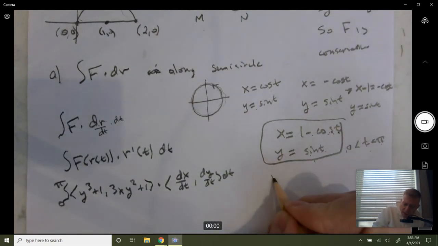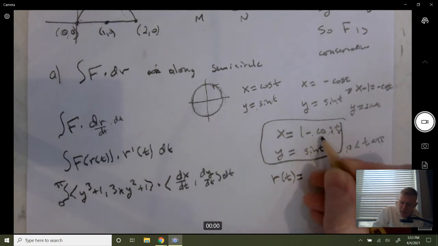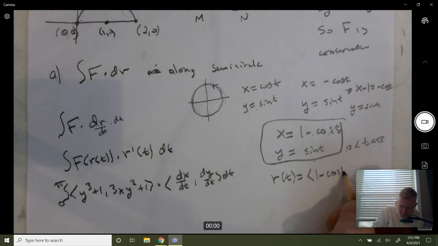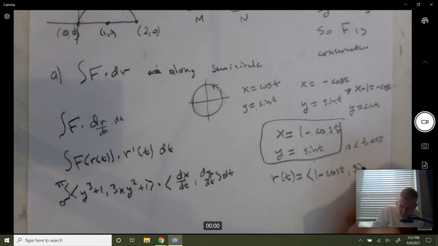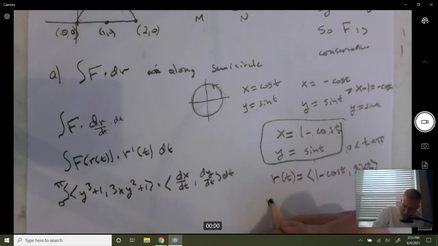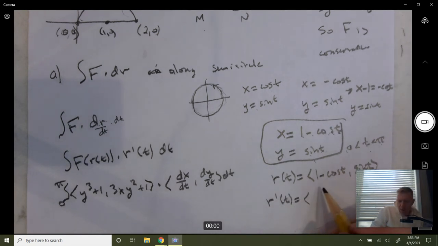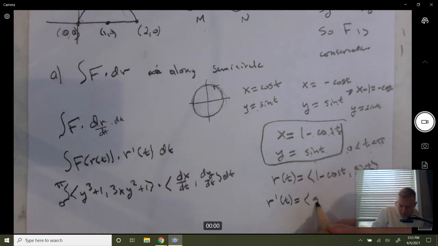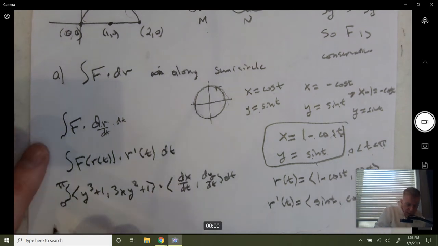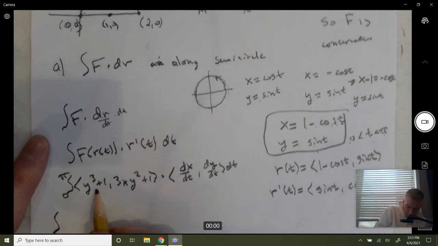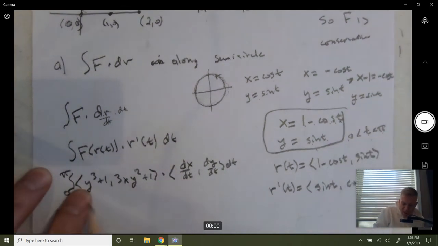Okay, so my r of t is equal to this thing. This is the path that I defined. And my r prime of t is going to be positive sine t, and this is going to be cosine t. Okay, now let's integrate. Before we integrate, we have to replace y.